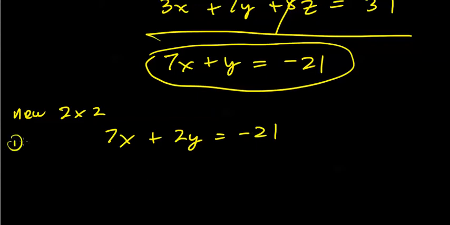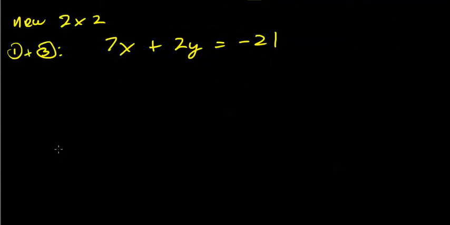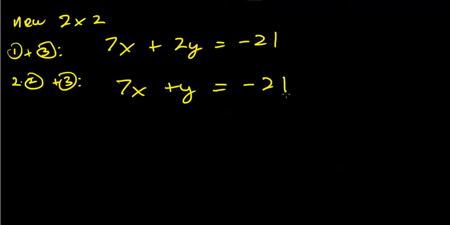And again, just because I got a new screen here, I'm going to say that's equation 1 plus equation 3. And then if I take 2 times equation 2 and add that to equation 3, I get 7x plus y equals minus 21. Okay?